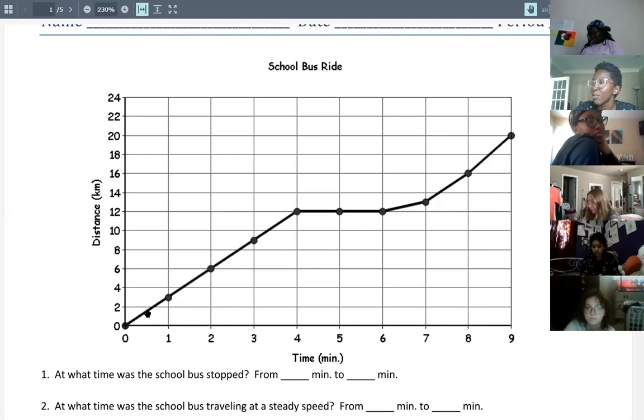All right, so we know how to hopefully read a graph. Let's do one more. Rhea, how long in minutes had it been when the bus had traveled 16 kilometers? How long in minutes did it take for it to go 16 kilometers? 8 minutes, very nice, 8 minutes. So we started here, 16, come all the way over, drop down, that's at 8 minutes.